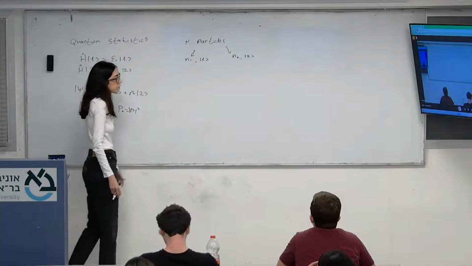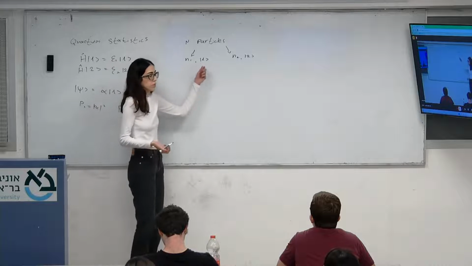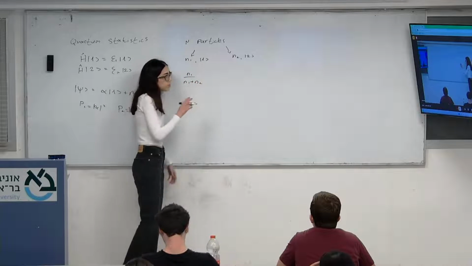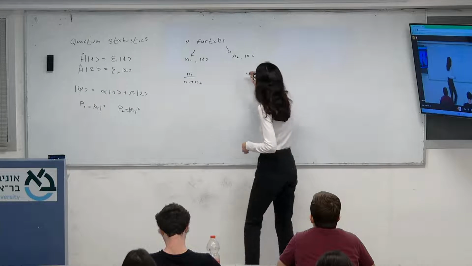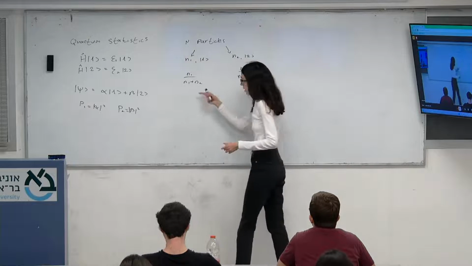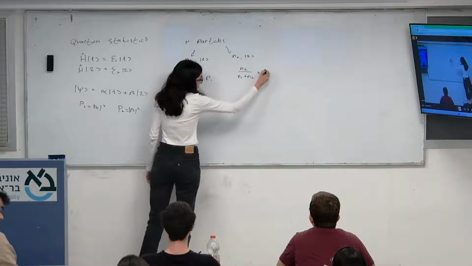So what's going to be the probability to measure state 1? It's going to be n1 over n1 plus n2. Right? This is just classical probability. And the same for n2. So this will be P1 and this is going to be P2.